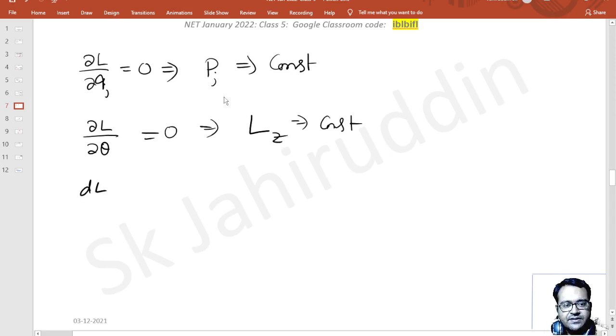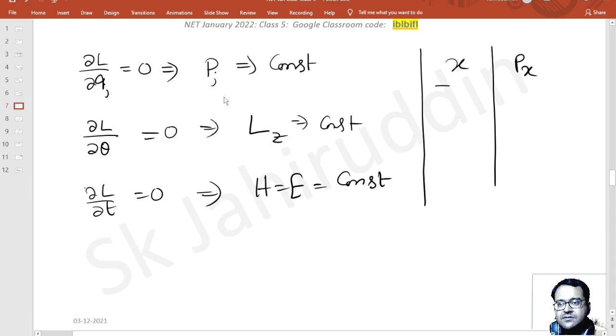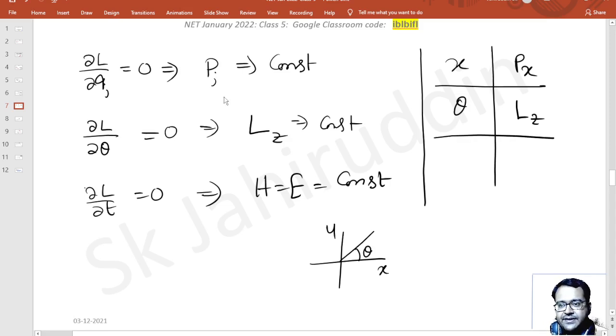And when you see that ∂L/∂t is zero, then the Hamiltonian, the energy, will be constant. Which means these are related: x with p_x, theta with angular momentum. This is L_z because we define x, y and theta like this, the angular momentum perpendicular to the plane in which theta is defined.